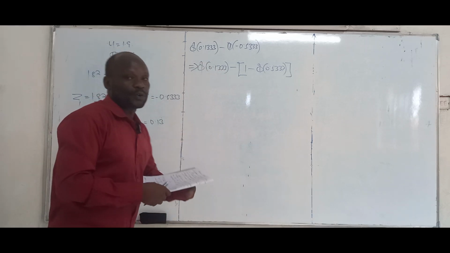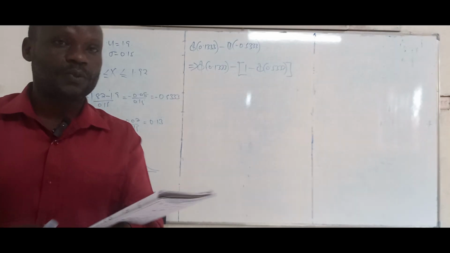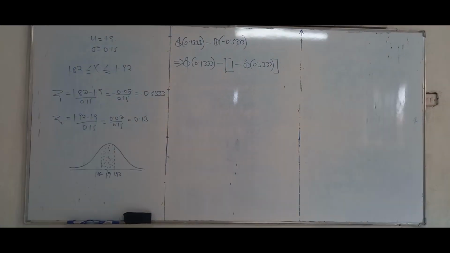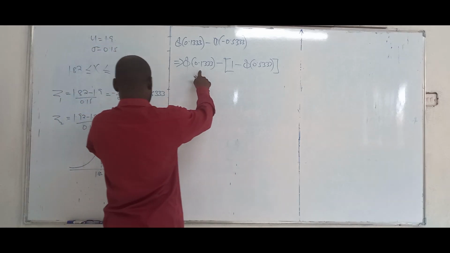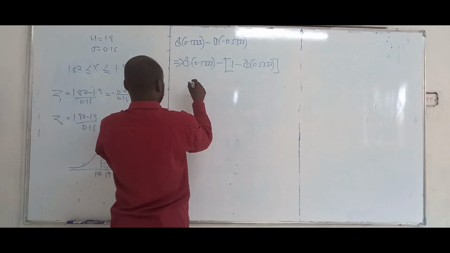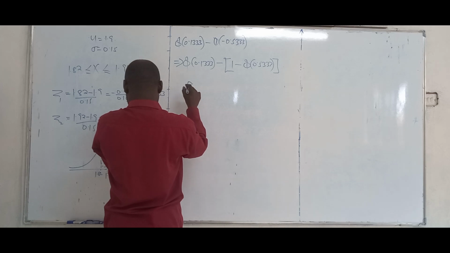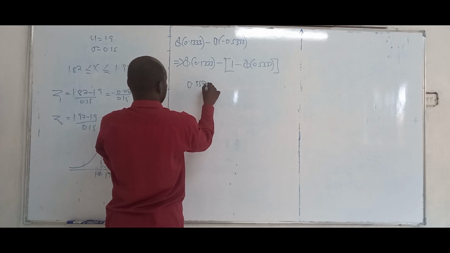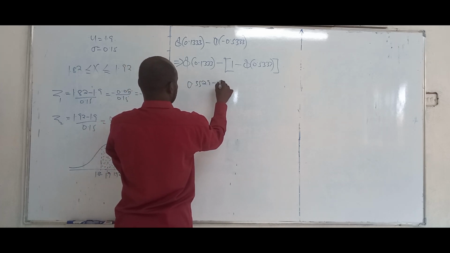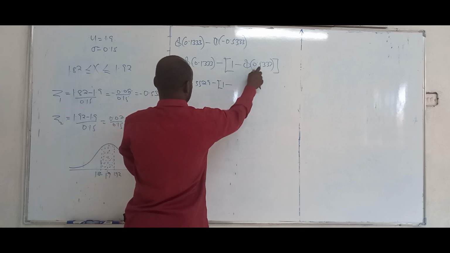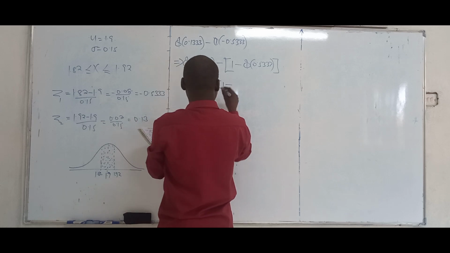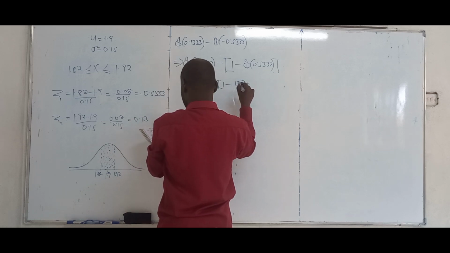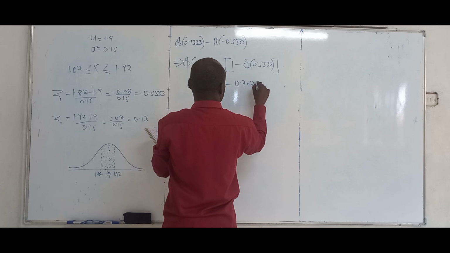So we read out those values as, for phi 0.1333, the value we have seen is 0.5529 minus, in bracket, 1 minus phi of 0.533, which is 0.7029, like that.